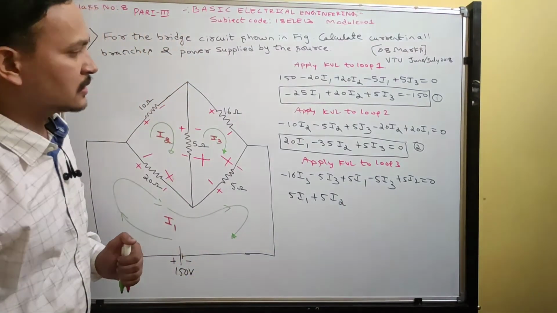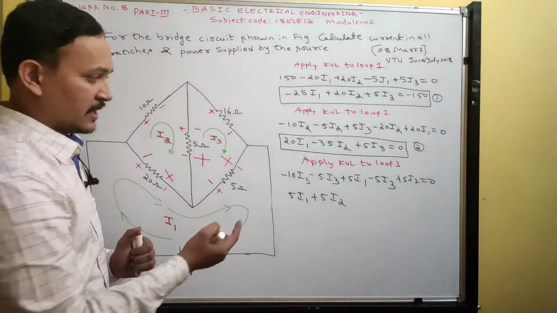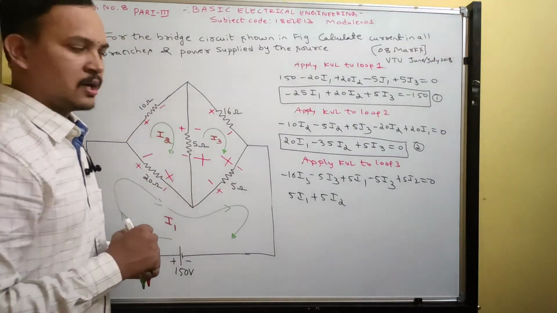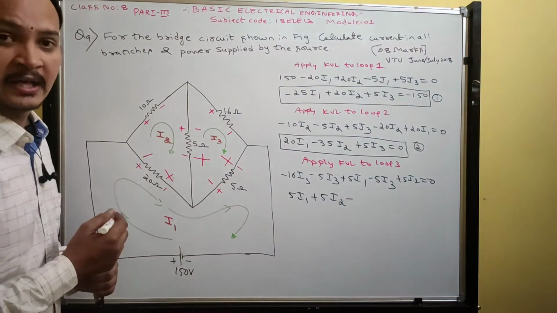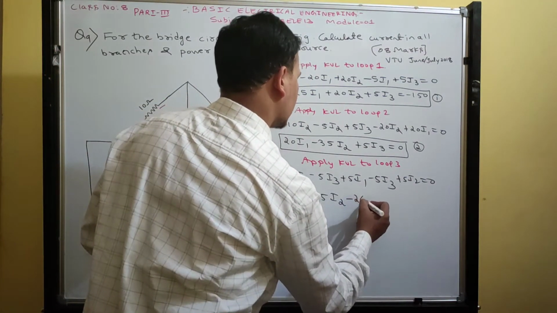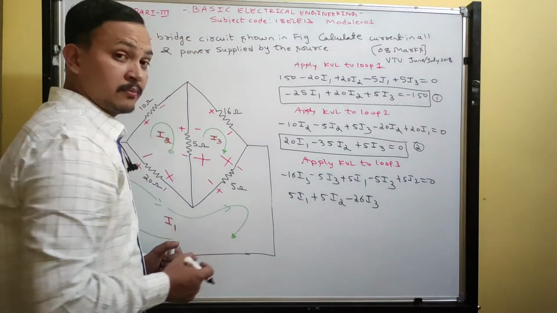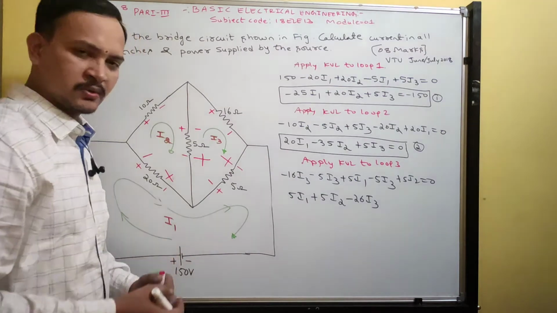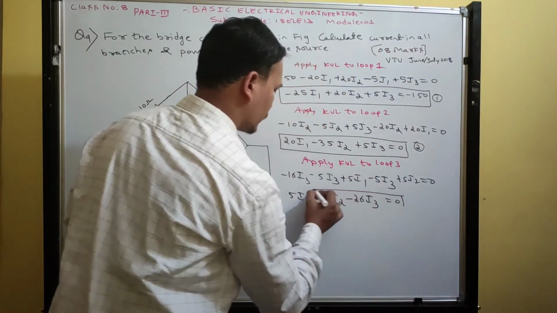Then how many I3s are there? Minus 5, minus 5, minus 10. Minus 10, minus 15. How much? Minus 26. Is it correct? Okay. Minus 26 I3. Minus 16, minus 5, minus 21. Minus 21, minus 5. Very good. Minus 26 equals 0.